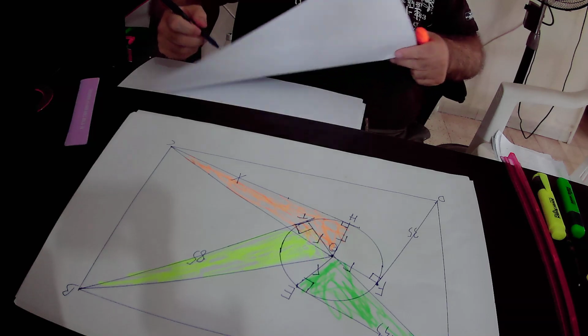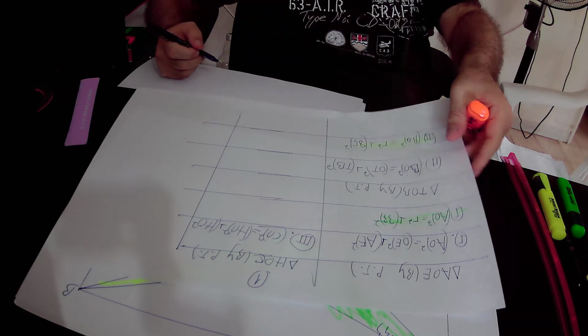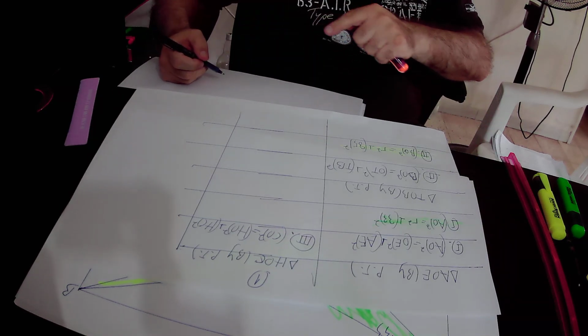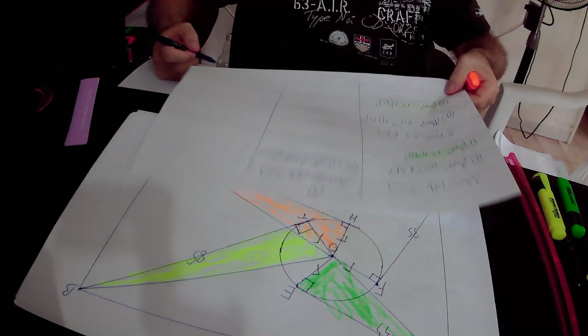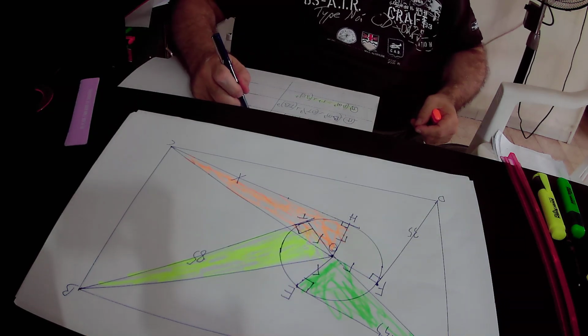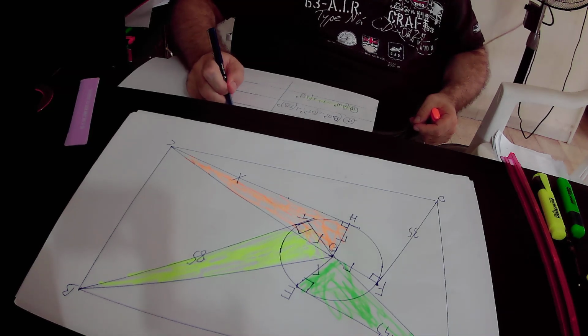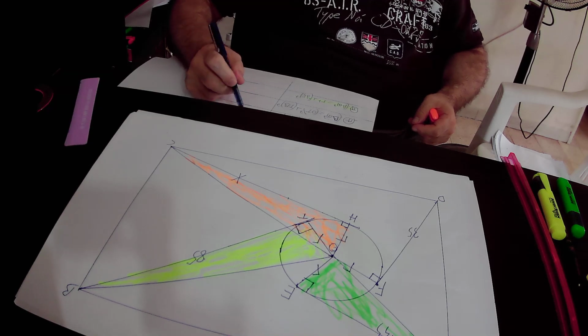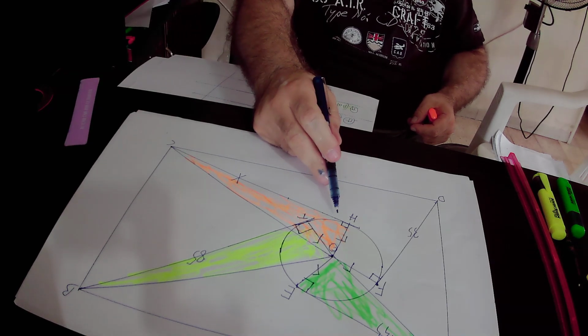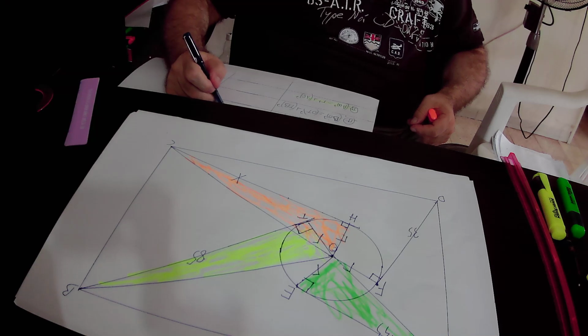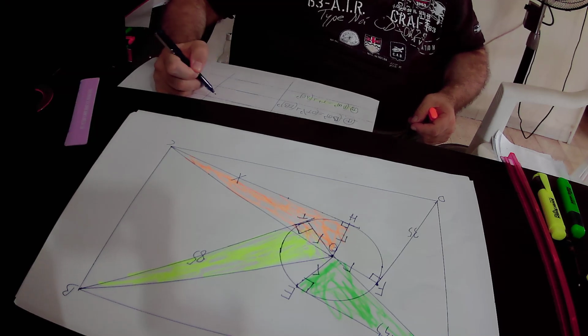Repeat again, the right orange triangle, CO squared equals edge O squared plus edge C squared. So CO squared equals edge O squared. Edge O equals R, therefore edge O squared is R squared, plus edge C squared.